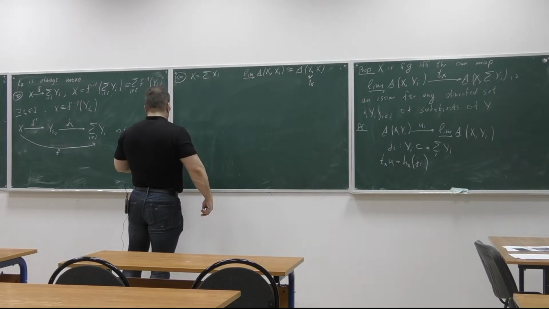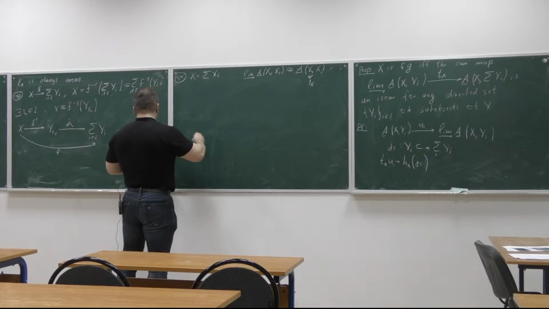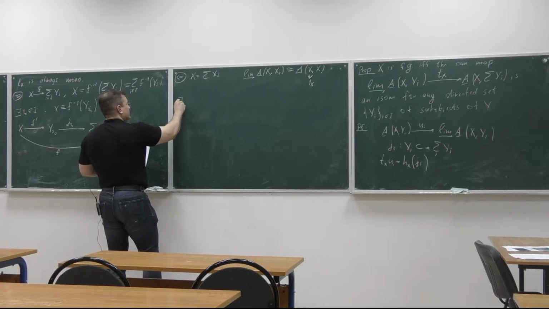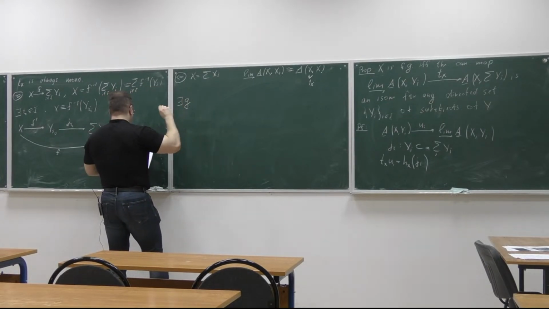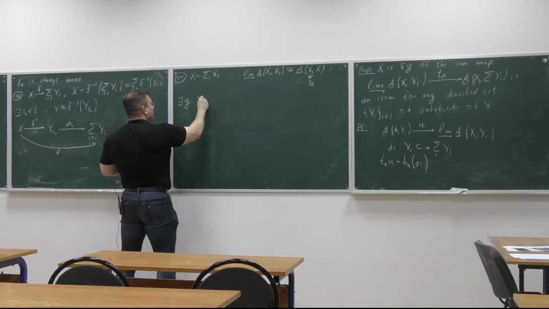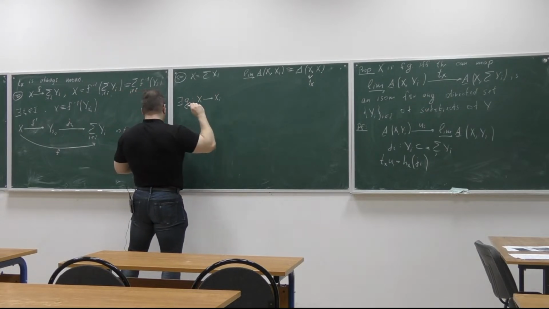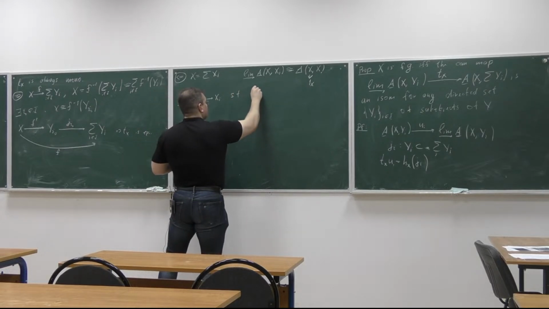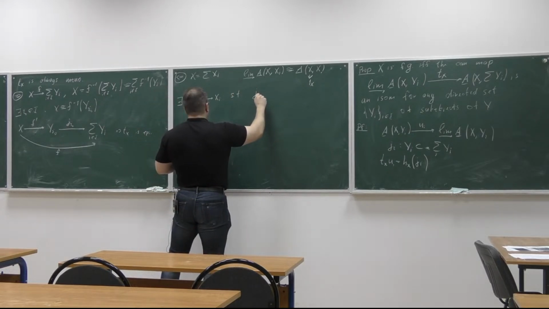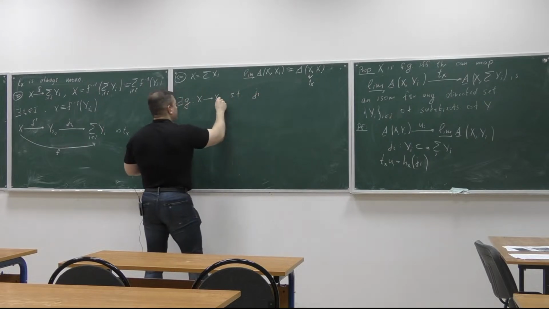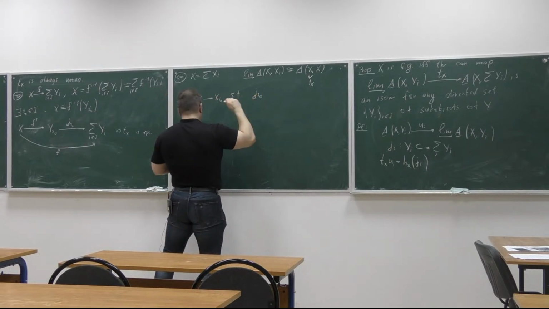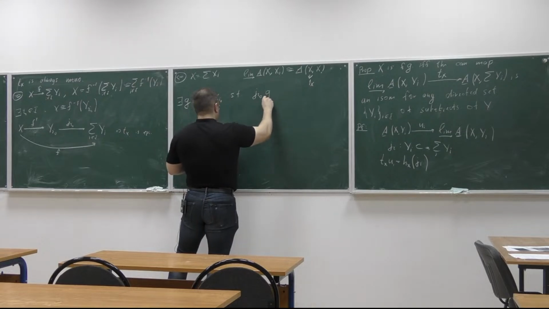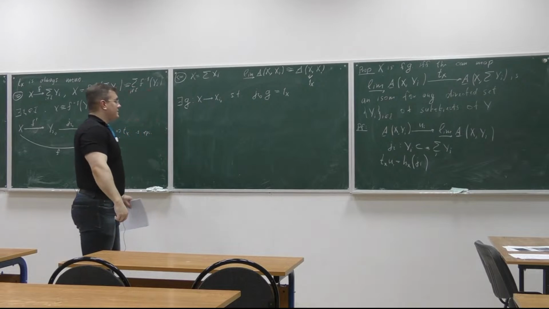Okay. Well, here's the claim. There is a map G from x to x sub I naught such that the composition is precisely this identity map.